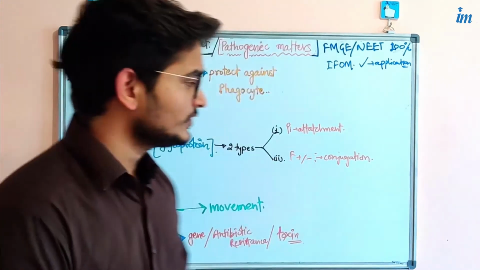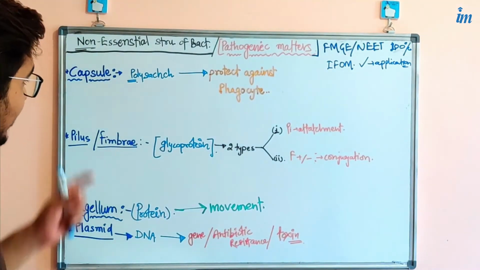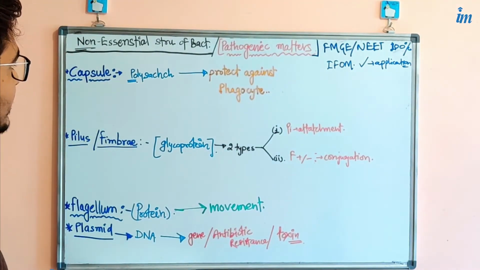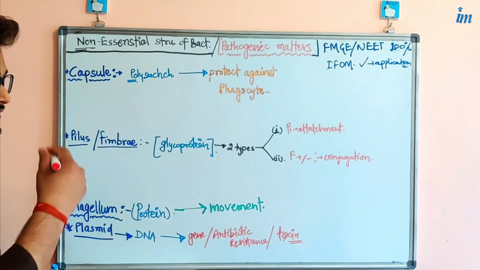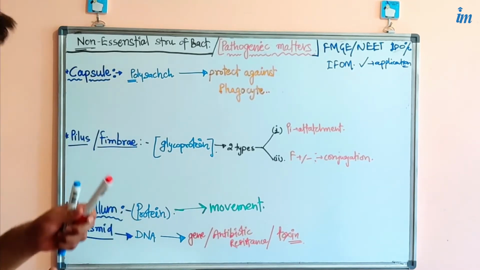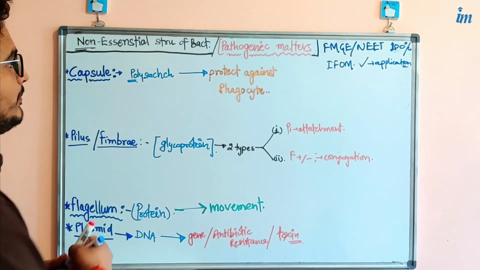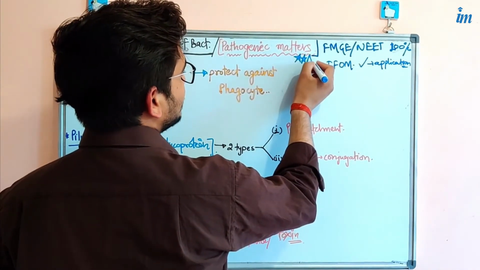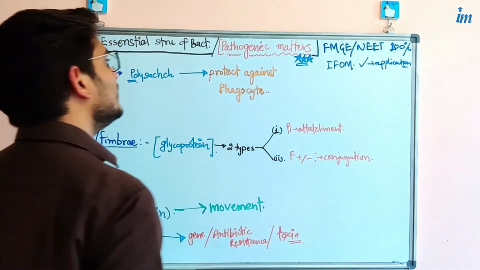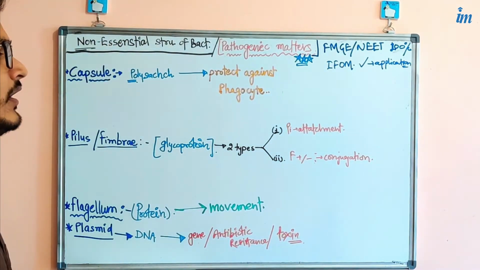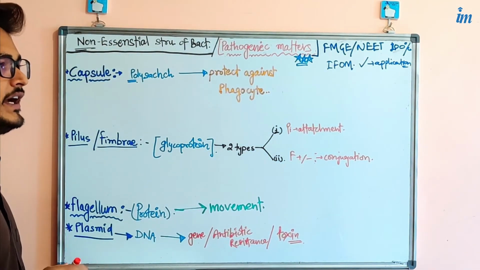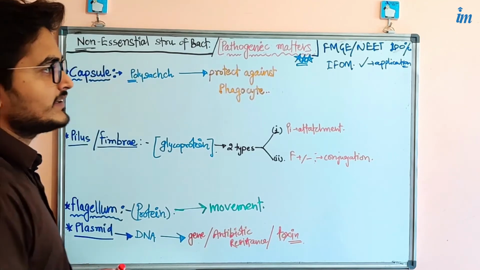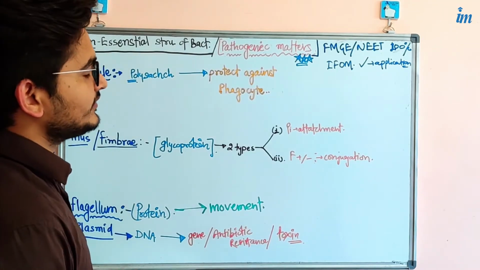Okay, so let's begin. As our heading says, it is a non-essential part of the structure of the bacteria, and I have given it a special point as pathogenic material. Almost every kind of infection caused by bacteria has been identified.